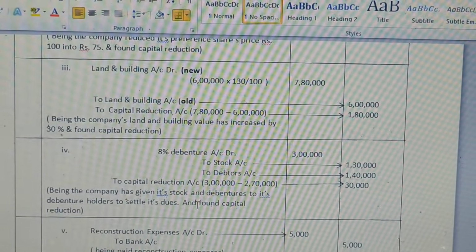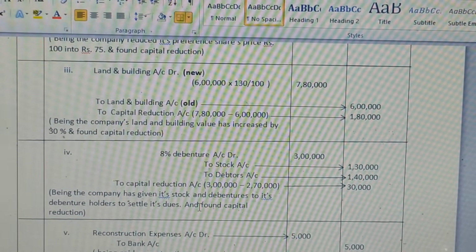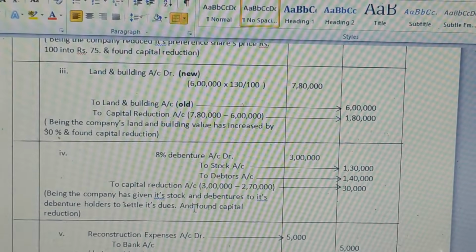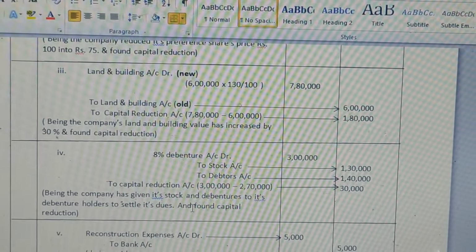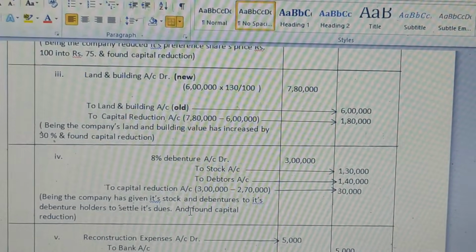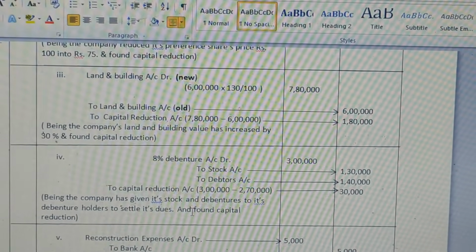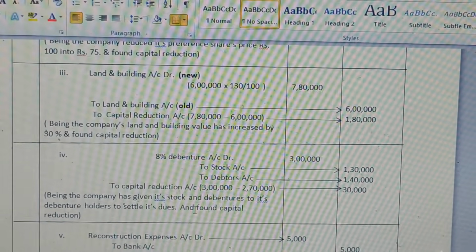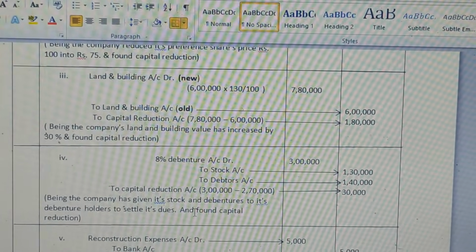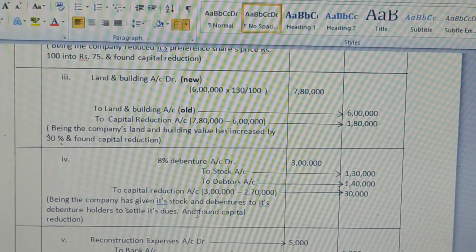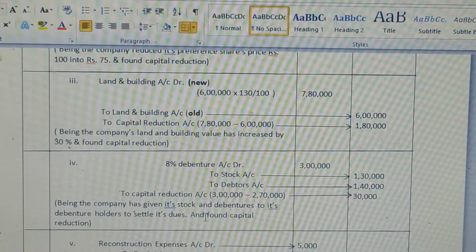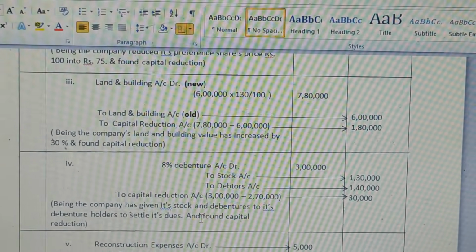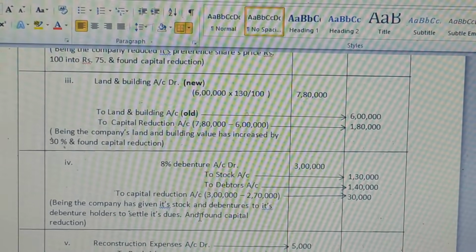So the existing value of land and building, 6 lakhs, is multiplied with 130 divided by 100. It means we have added 30% extra to the existing value of land and buildings. So the new value of land and building is 7,80,000, which we have to mention in the debit side.